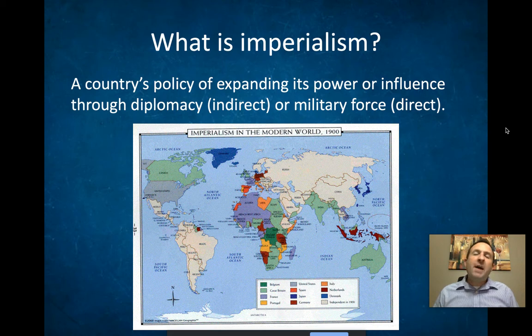In this case, the drive for empire was centered around the capitalist desire to expand our economic impact. That's a very fancy way of saying more markets, more money. So if we can expand through imperialism into and control other countries, this is more people to buy our stuff, which means more money to line the pockets of the industrial capitalists, those robber barons.